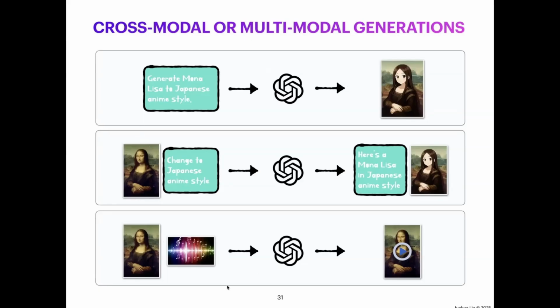Here we see some examples of cross-modal generation or multi-modal generation, where the inputs and outputs possess different modalities, and the large language model in the process can handle data that is a combination of more than one modality, more than one data type.